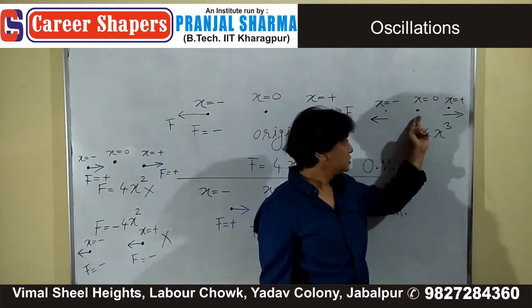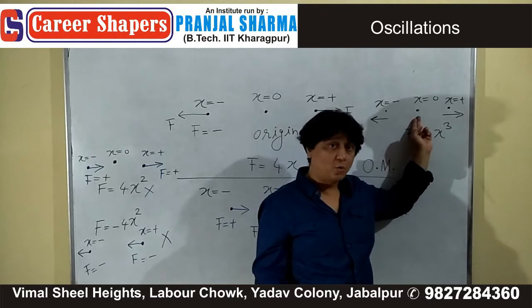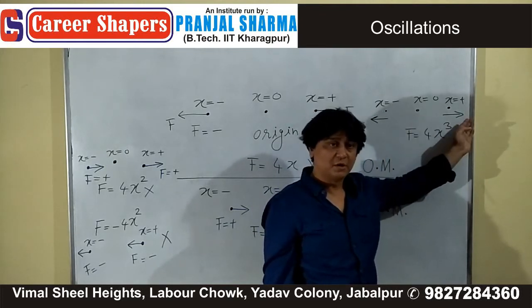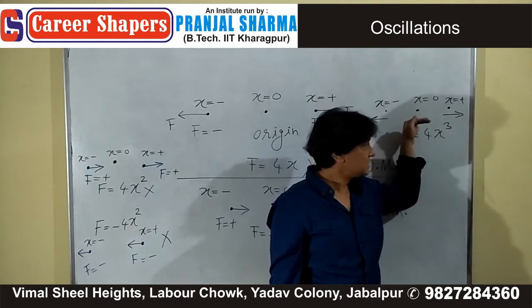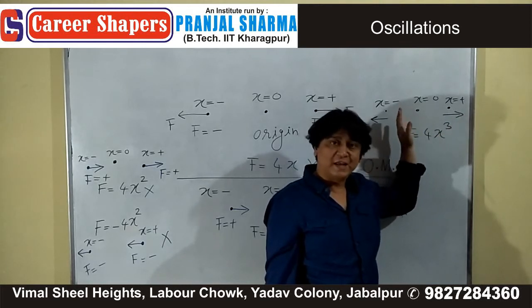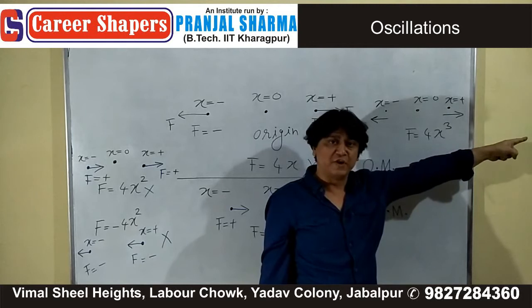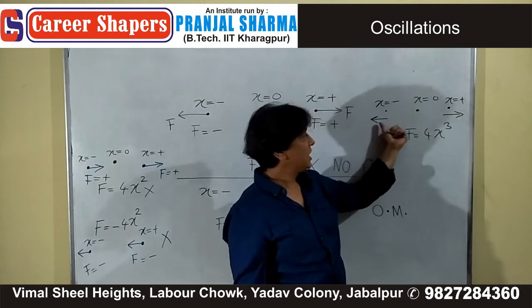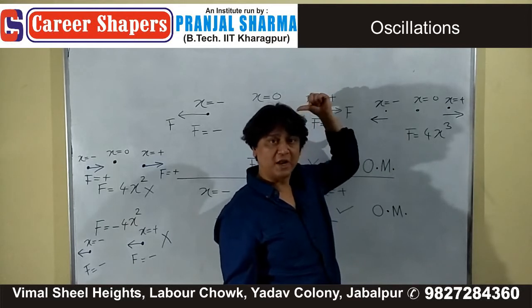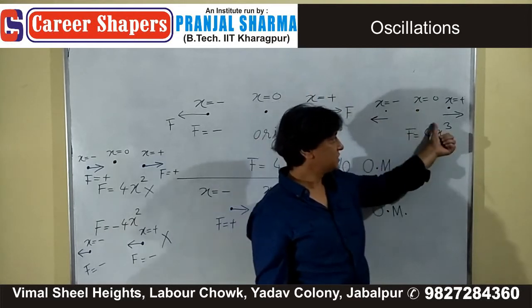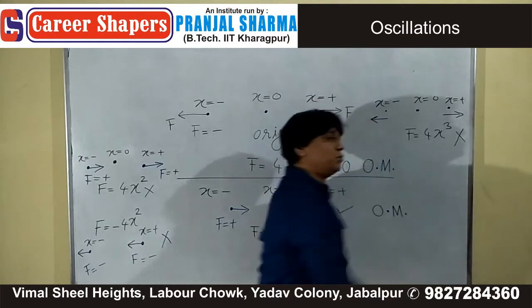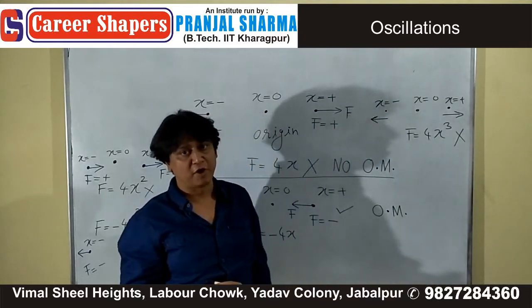But once you displace an object from the mean position, it does not come back. In fact, it moves towards infinity. If you move it to the left, it doesn't come back and moves towards minus infinity. And therefore, this type of setup will never give you an oscillatory motion.